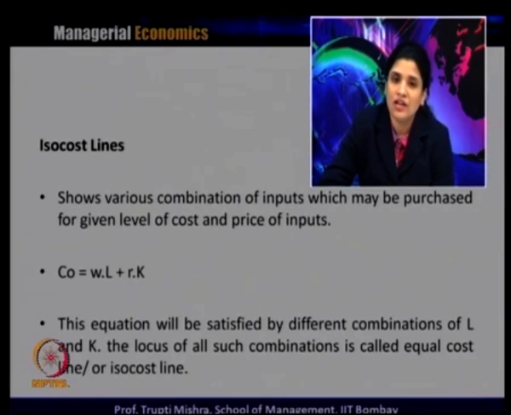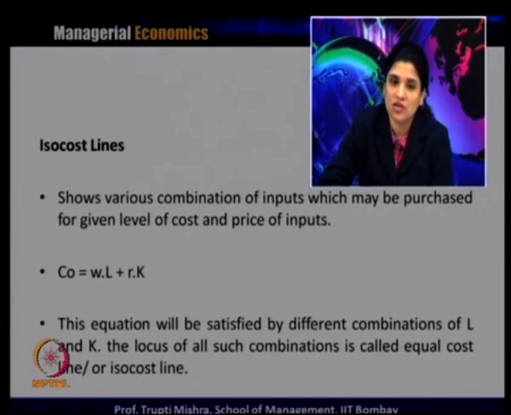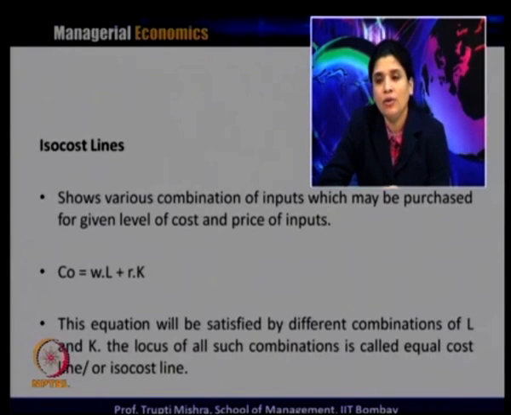So, the isocost line shows various combinations of inputs which may be purchased for a given level of cost and price of inputs, and generally the isocost line takes the form C0 equal to WL plus RK, where L is the labor and K is the capital. W is the cost of L, that is typically the wages and salary, and R is the interest rate, that is what we generally pay for taking the capital.